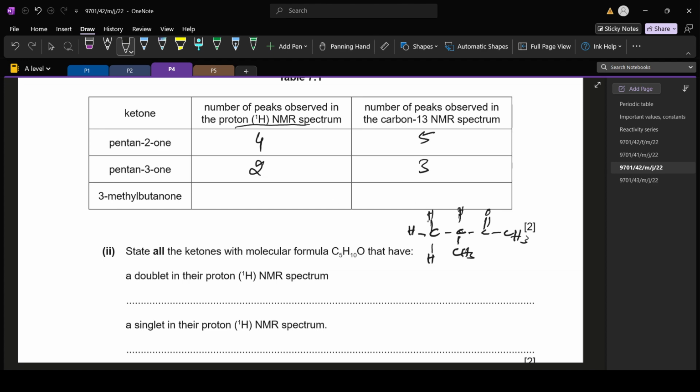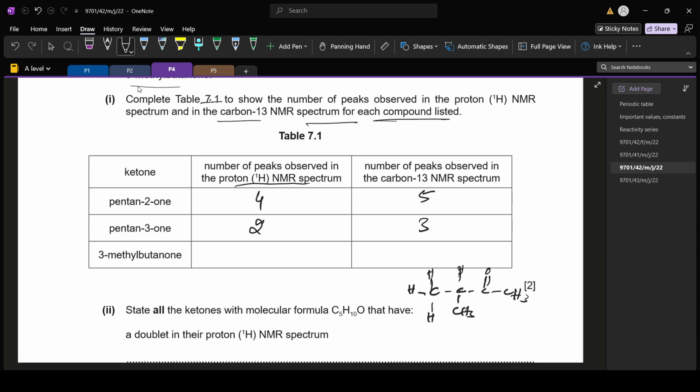Now if you see here, these hydrogens and these hydrogens all have the same peak. Okay, same environment, so one peak for this. Then this hydrogen has a different environment. And then at last you have these hydrogens, which also have a different environment. Okay, so in total you have three peaks.